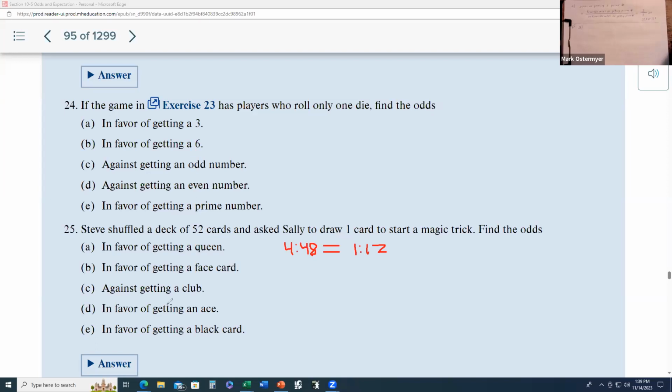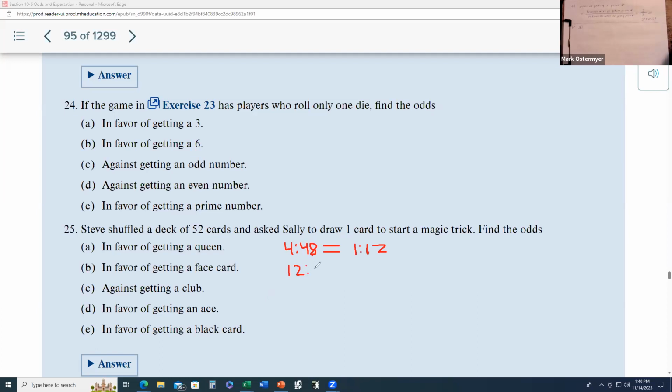What's the odds in favor of getting a face card? Well, how many face cards are there in a deck? You have Jack, Queen, King of 4 different suits, correct? Hearts, diamonds, spades, and clubs. So 3 face cards per suit times 4 suits is 12 face cards. So there's 12 ways to draw a face card.